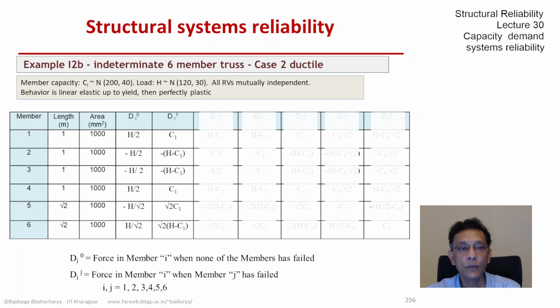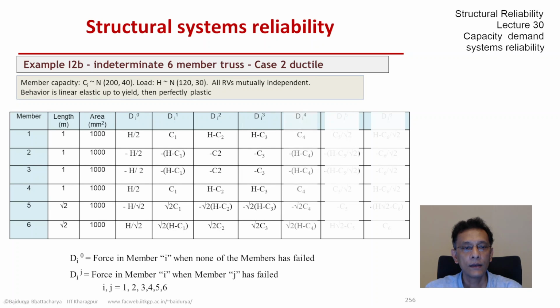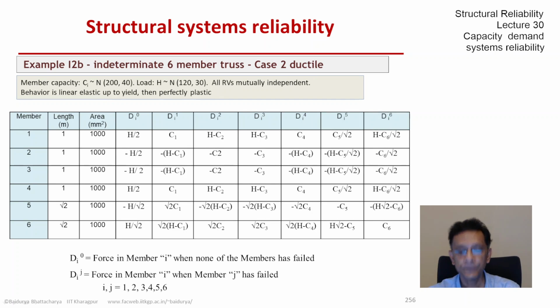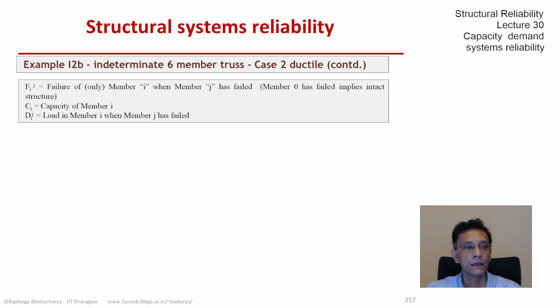So C1 is the load present in member 1 effectively, and so that C1 shows up in all the other member forces, and that's what you continue to see when looking at all the other columns. So D2I, D3I, D4I, D5I, and D6I. So all the member failure events now would look a little more complicated. So let's take a look at that.